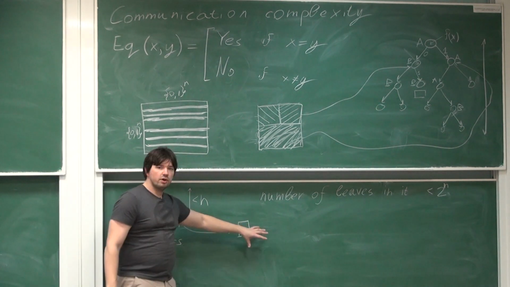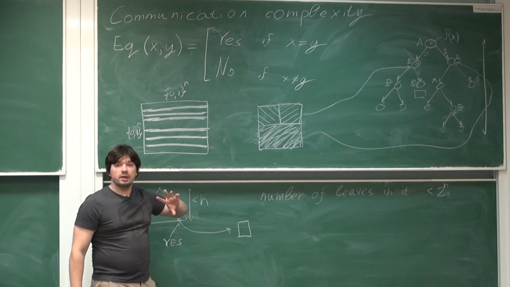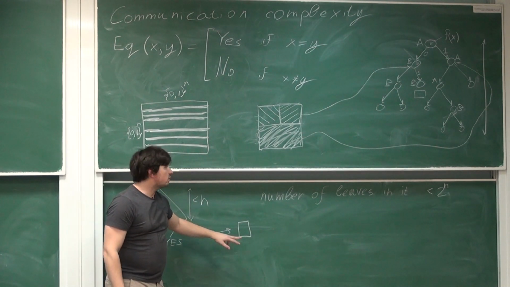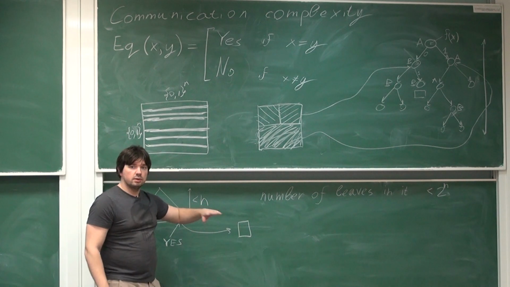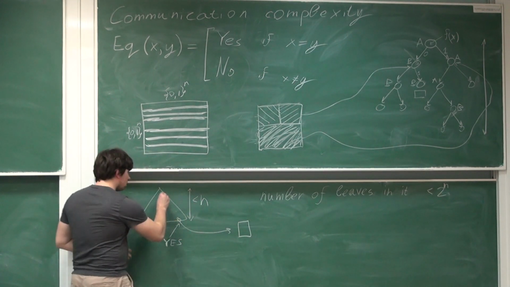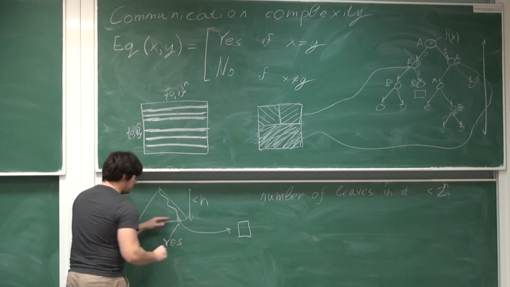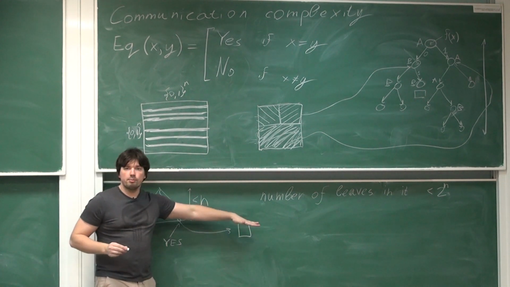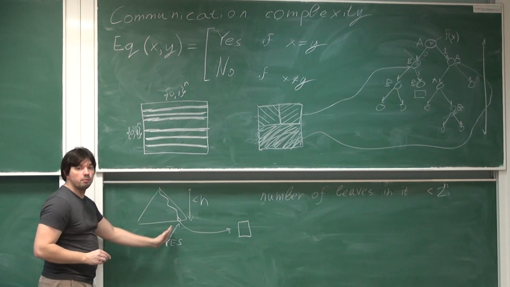So you have, again, a combinatorial rectangle that corresponds to this node. We have all the Alices who are consistent with the path to this leaf, and you have all the Bobs who are consistent with the path to this leaf.